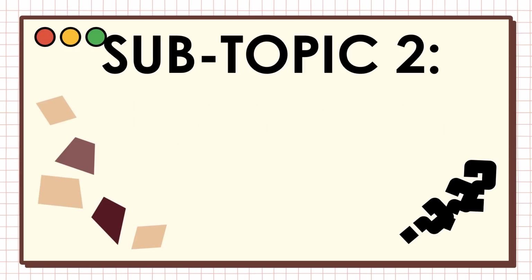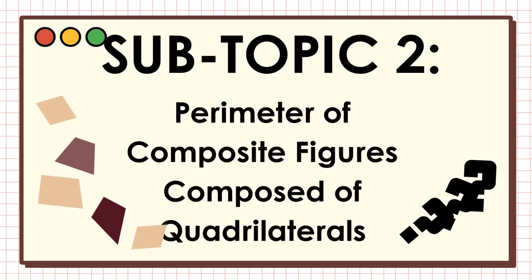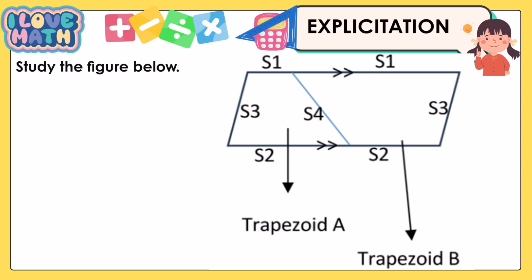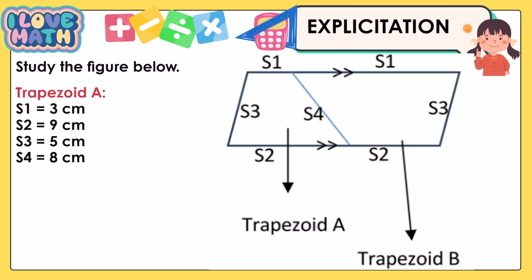Day 3. Subtopic number 2. Perimeter of composite figures composed of quadrilaterals. Study the figure below. Trapezoid A, S1 equals 3 centimeters, S2, 9 centimeters, S3, 5 centimeters, S4, 8 centimeters.